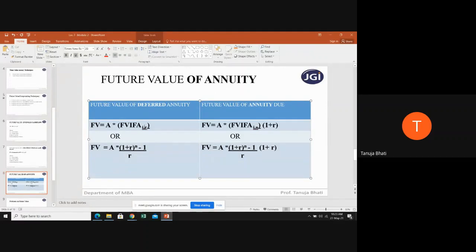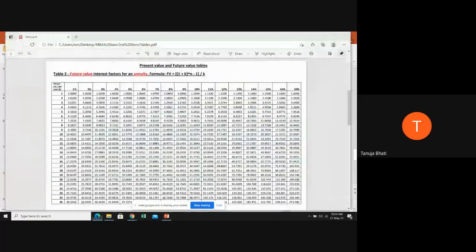Some people denote it by R, some by I, some by K. So remember I, R and K all mean rate of interest. So I comma N, N is the number of years. So with the help of the rate of interest and number of years, you can find out the future value interest annuity factor.